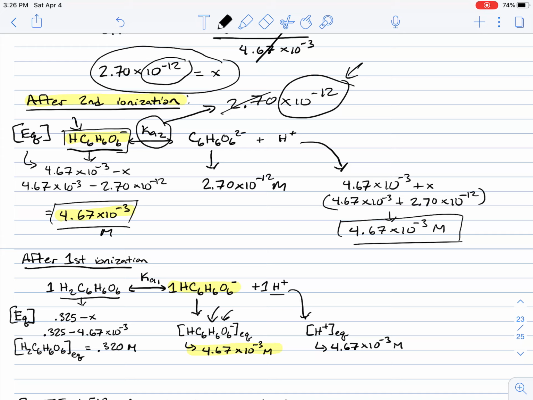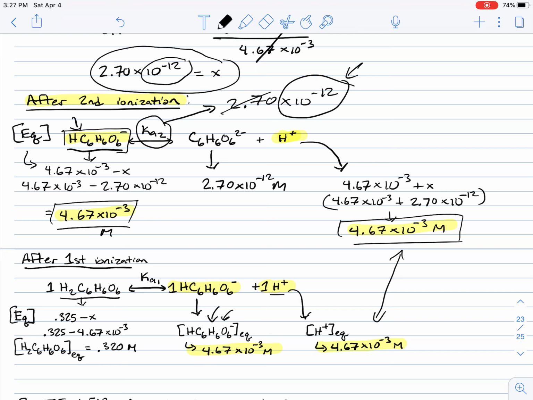And if you look at the concentration of H plus after the second ionization, and compare it with the concentration of H plus after the first ionization, once again, notice that they are the same value.